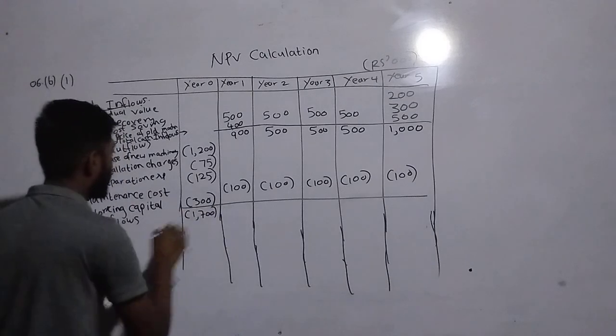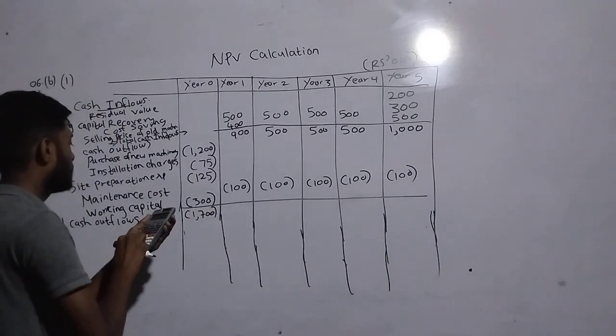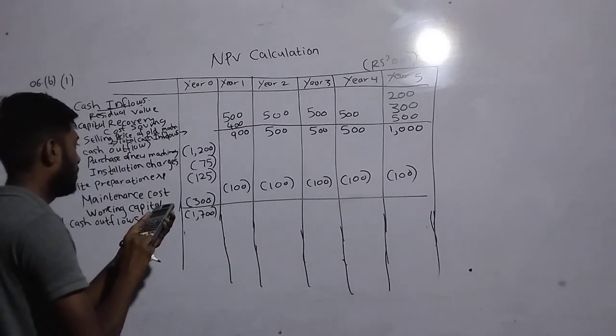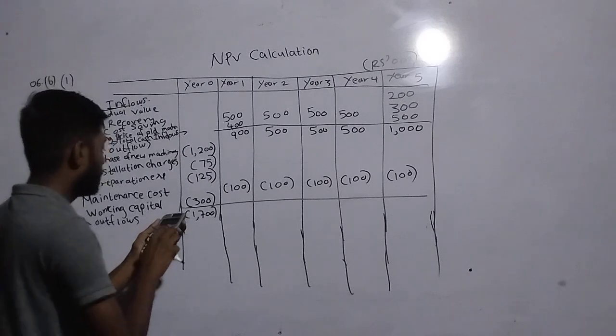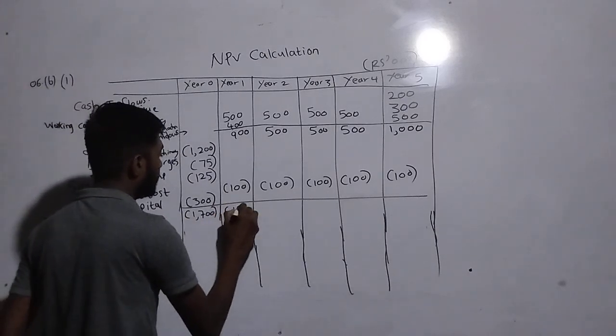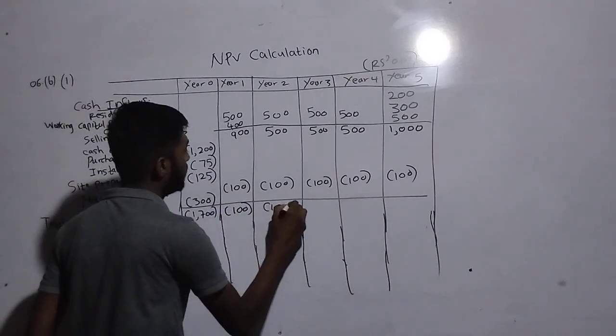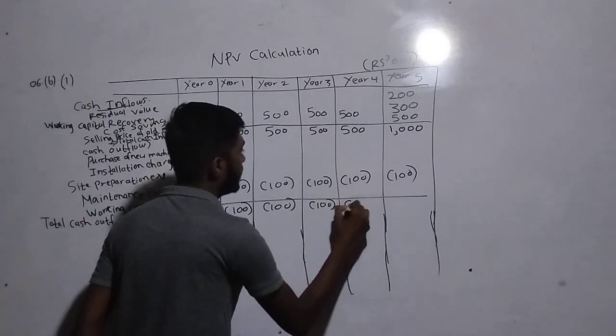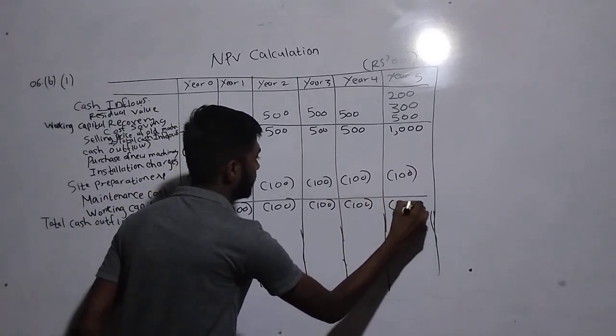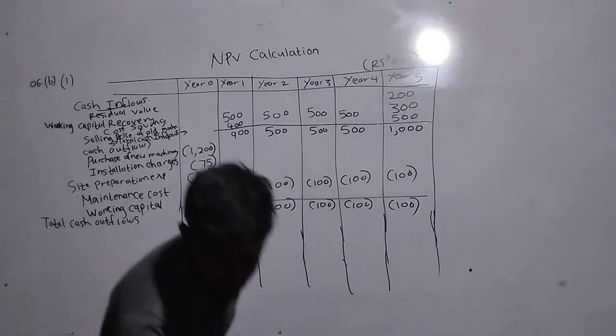Let me check for the accuracy again. 1,200 plus 75 plus 125 plus 300, that is going to be 1,700. Then here 100, here 100, here 100, here 100, here also 100. Okay, fine. We are done with that.